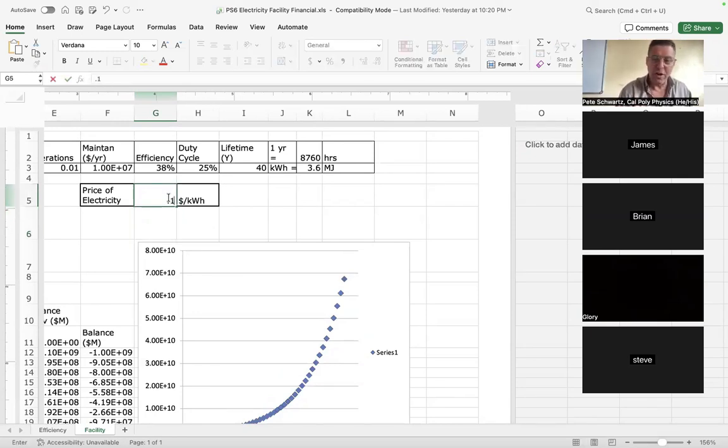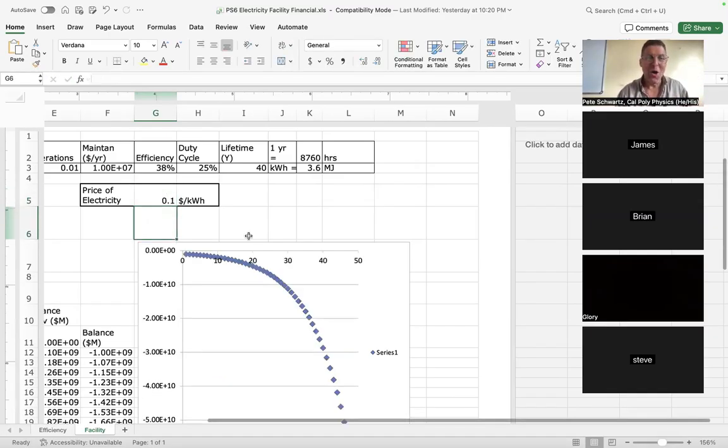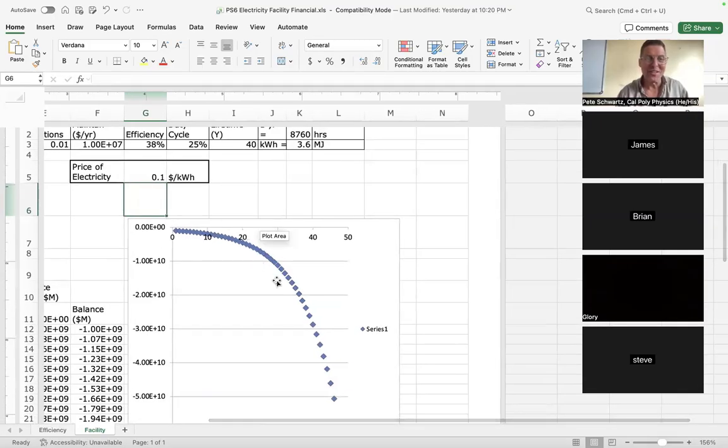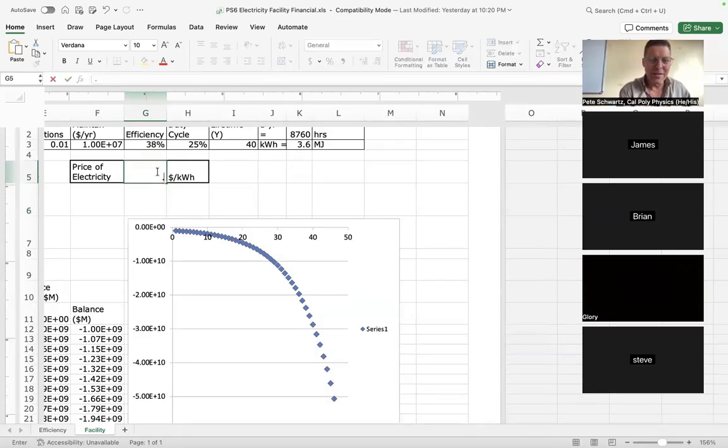How about if you just charge 10 cents a kilowatt hour? Oh no, we just go deeper and deeper into debt. We will go bankrupt. And so you have to find the right price, maybe 15 cents per kilowatt hour.